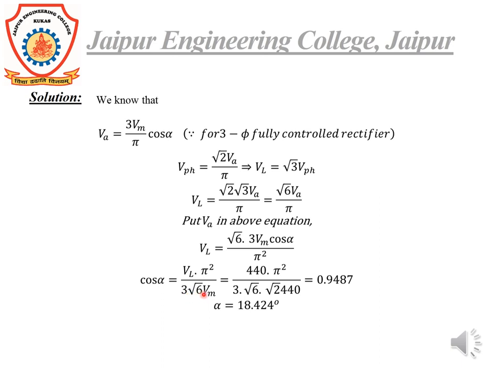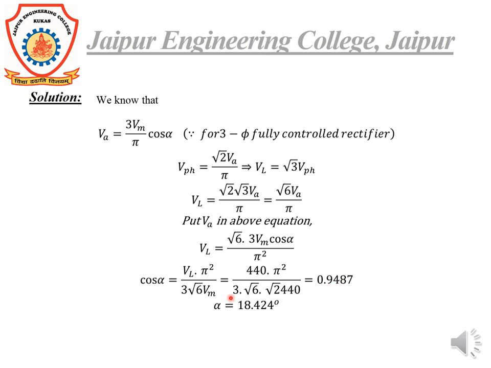Now we have VL equal to 440 volt, and we know Vm is equal to root 2 times the supply voltage, root 2 into 440 volts. I have placed the value of Vm and VL. Now on solving this, we will get 0.9487. It is the value of cos alpha.